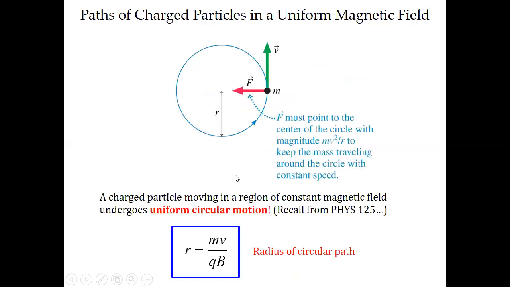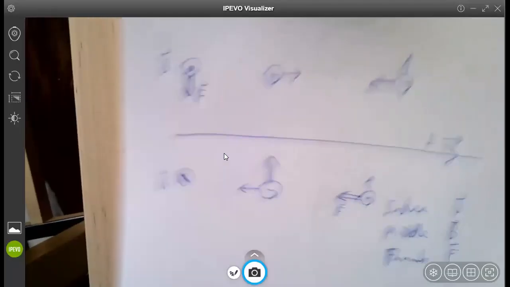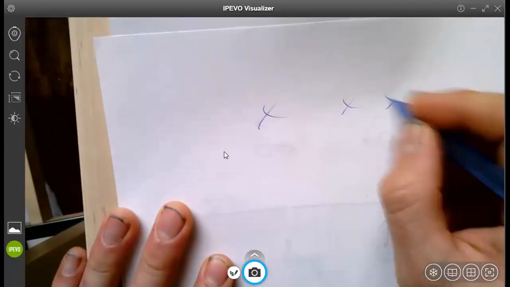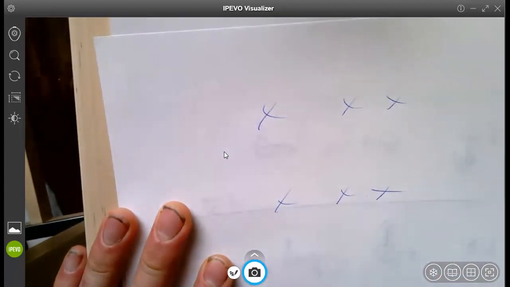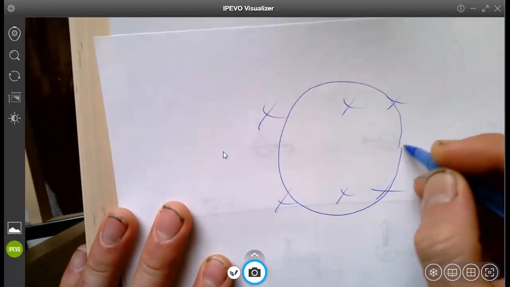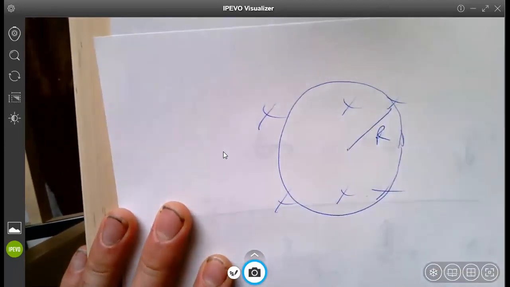This circular motion can be related to our physics 125. I'm actually going to pause for a moment to show you an idea. Here's our field, and it's all going into the page, and we have this charged particle that's going around in a circle with some radius here.